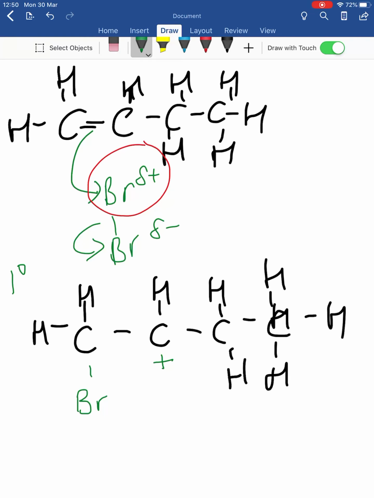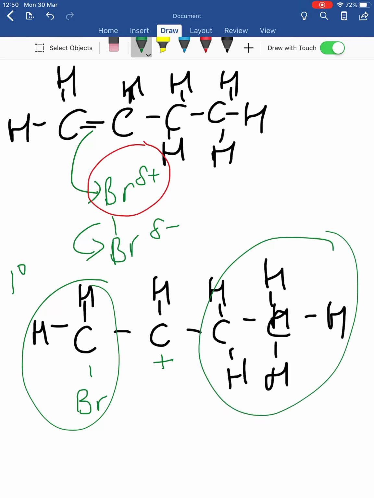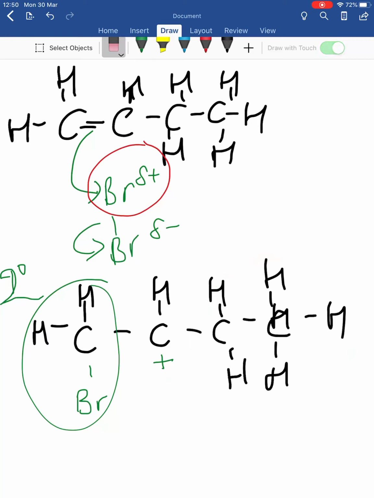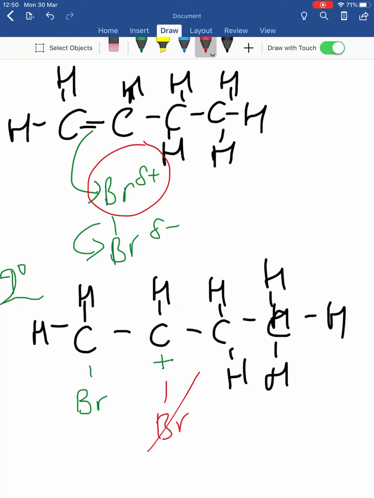And if it's on the second carbon, well, this carbon is now attached to one group here and one group here. So it's now become a secondary carbocation, which is more stable than a primary, meaning that this would be your intermediate rather than having the Br here. That would not happen. It may happen, but it'll be a minor product, but this will in fact be your major product.